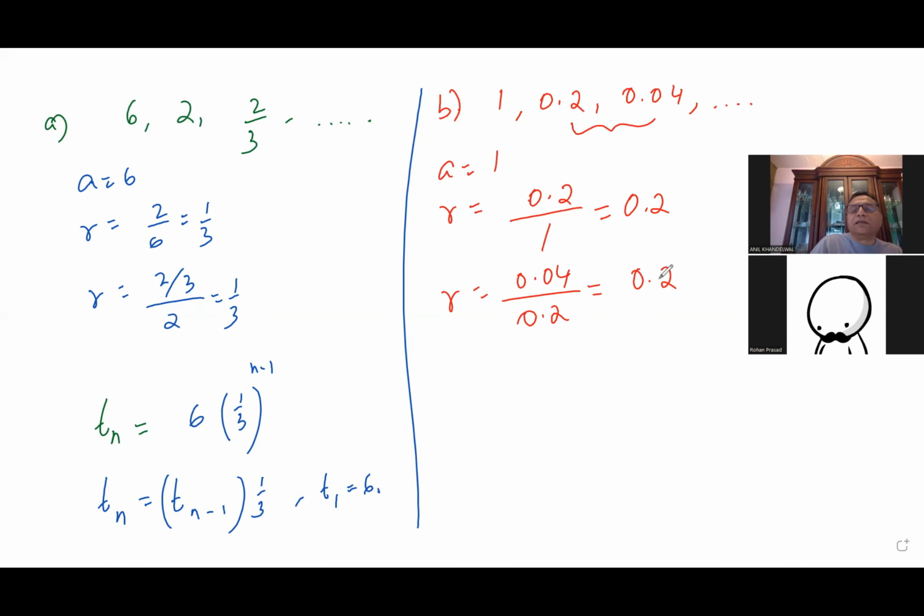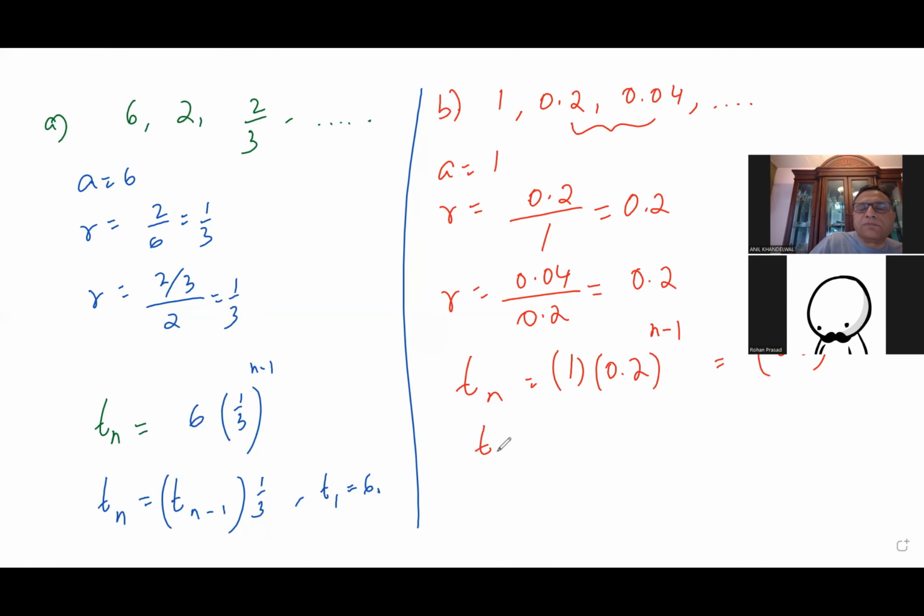And therefore, you can write the nth term as 1 times 0.2 to the power of n minus 1. 0.2 is 1/5, correct? So you could also write this as 1/5.